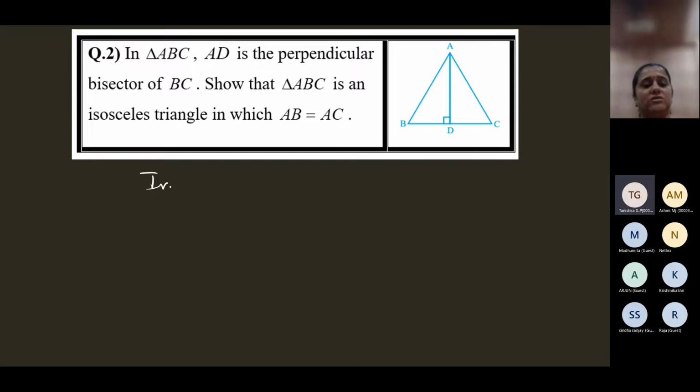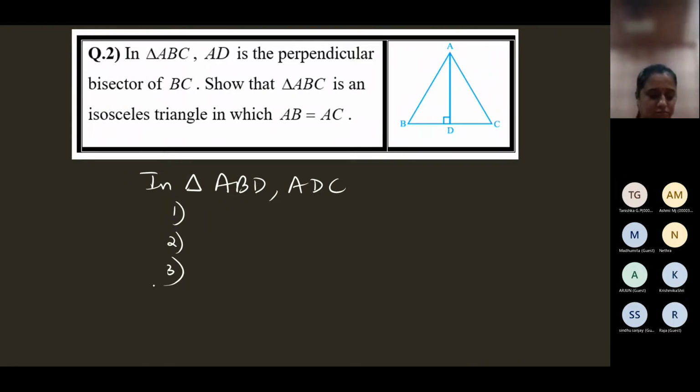Which triangles will you consider? Triangle ABD and ADC. Tell me. AD is equal to AD, which is common, ma'am. Since AD is the perpendicular bisector, BD is equal to DC, ma'am. BD of which triangle?